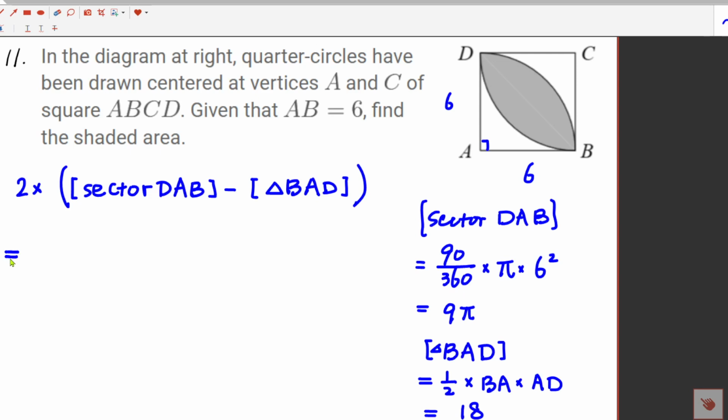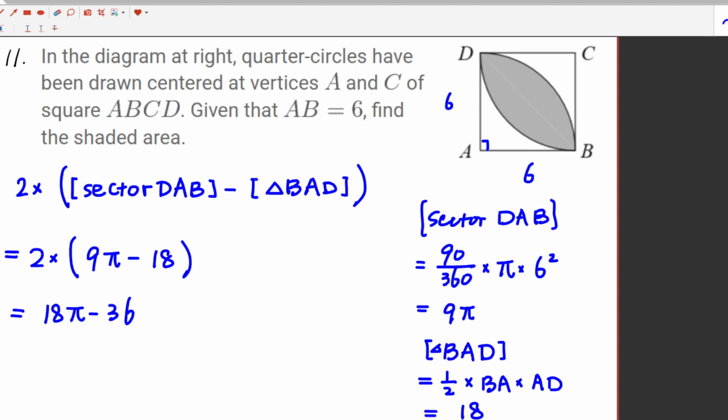Then inserting these values gives us 2 times sector DAB, which is 9 pi, subtracted by the area of triangle BAD, which is 18, right? So eventually we have 18 pi minus 36. All right, have a look at the solution here. Any questions, just let me know, okay?